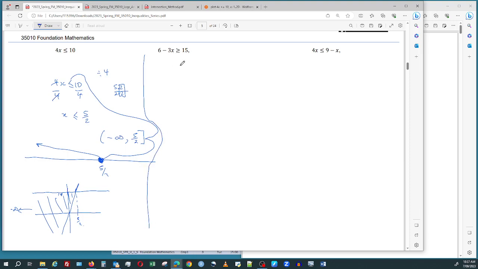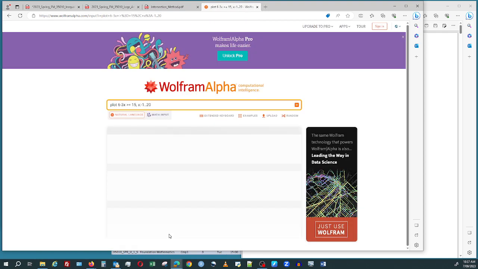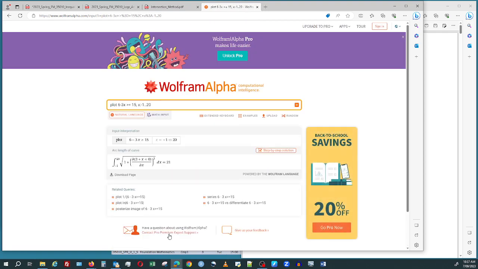So this one here, 6 minus 3x is greater than 15, just to give you an idea. 6 minus 3x greater than or equal to 15. So this time we'll just swap that around, leave the equal sign where it is, and we'll call that 15. And so we get a sense of greater than or equal to 15.